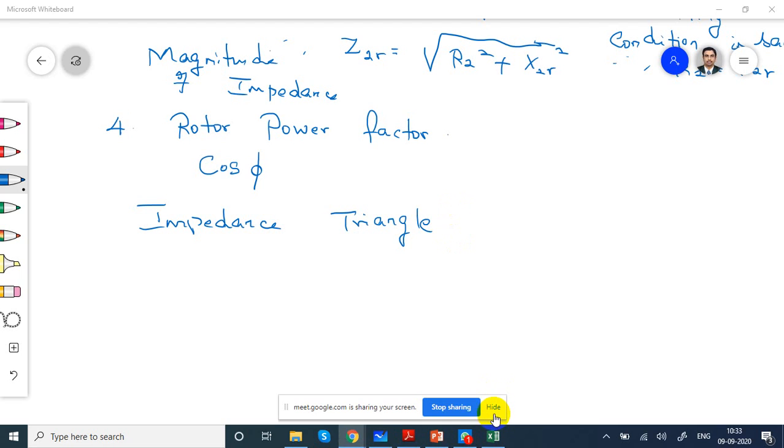Impedance triangle. So how to draw the impedance triangle?